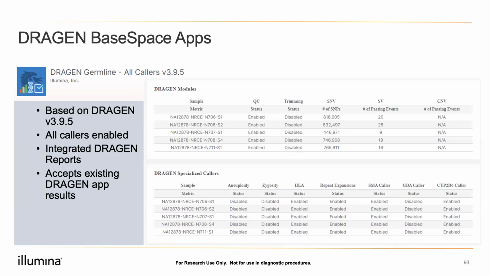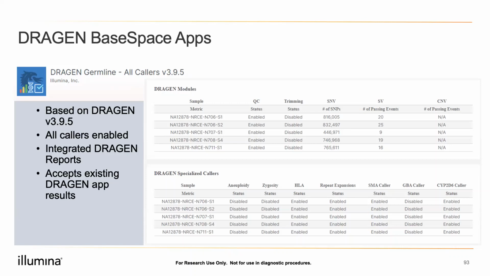It's kind of hard to find them in the settings. And so this is an app that will turn on all of the callers for you. So we have repeat expansions, SMA caller, GBA caller, CYP2D6, CNV, SV, which gives you the full range of output of what DRAGEN can give you. And it also provides an integrated DRAGEN report. So it shows these outputs in a nice tabular view.